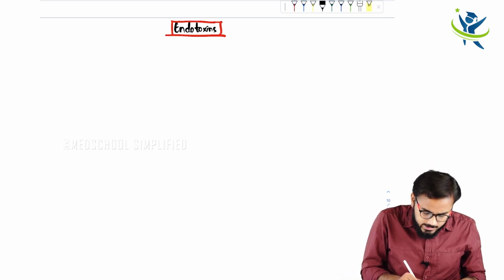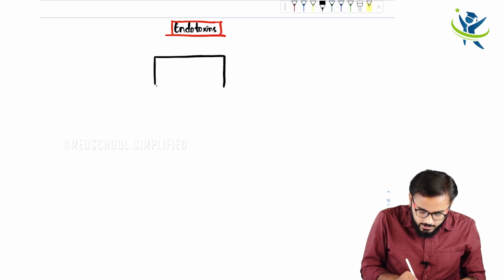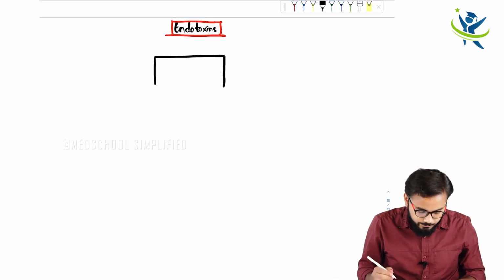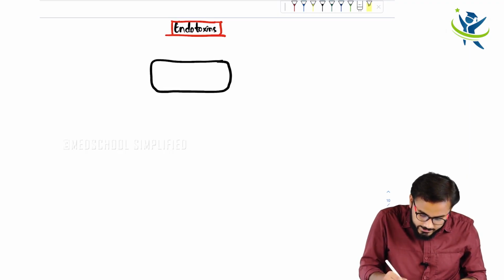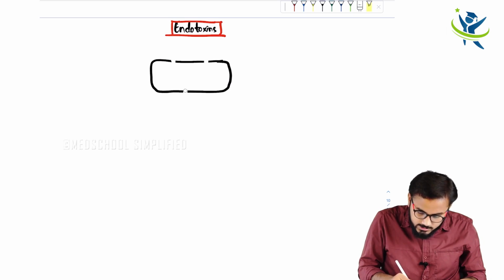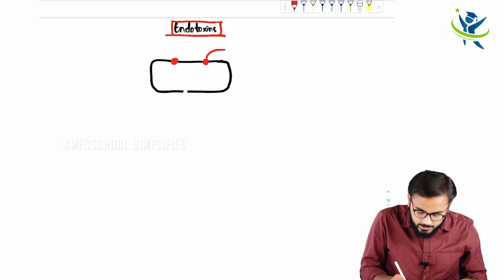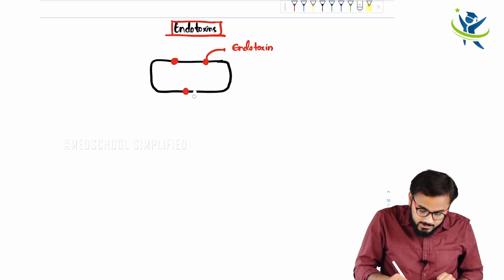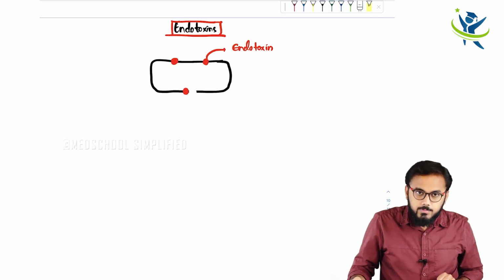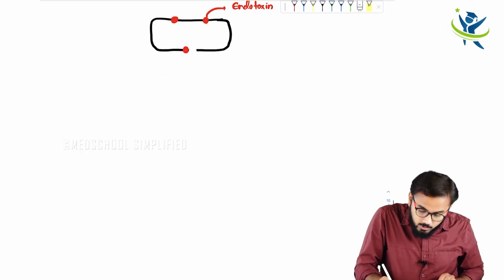Let us say this is a bacteria over here, and what is this bacteria consisting of? This bacteria consists of these red color molecules which I'm drawing here. This is called endotoxin, right? I told you endotoxin is embedded within the cell wall. If I'm breaking the cell wall of the bacteria, the endotoxin is released outside.